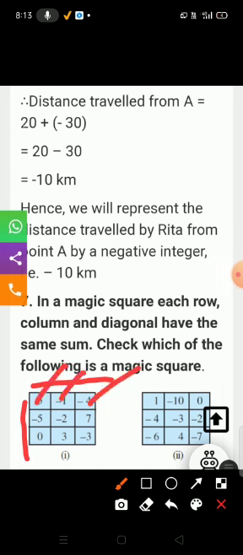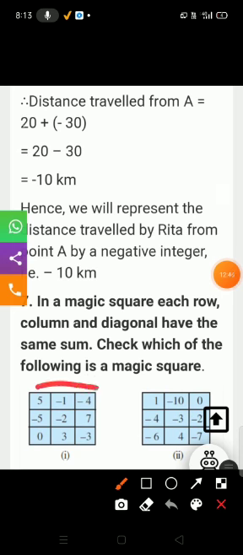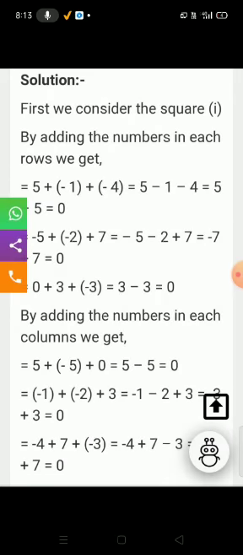When we talk about a column, we take these 9 numbers. Very easy: row means this line and column is like this, horizontal and vertical. Now let's start solving.